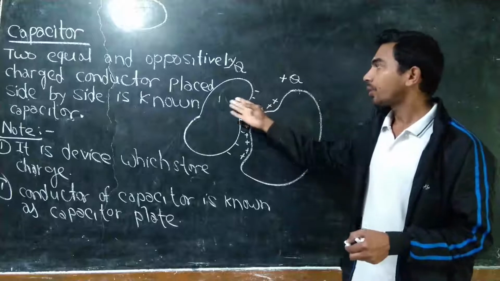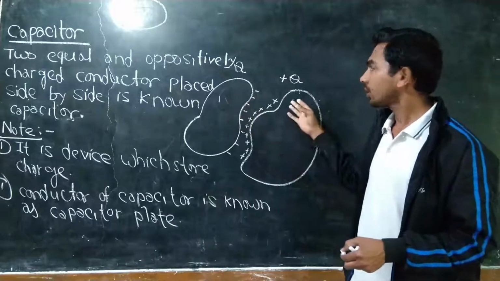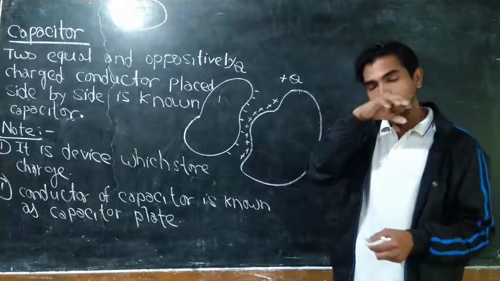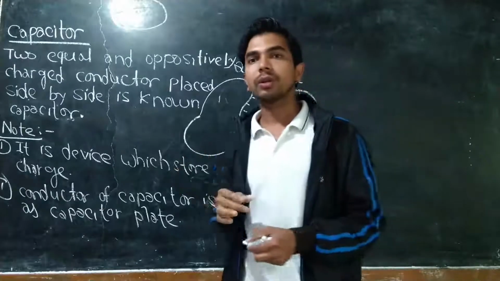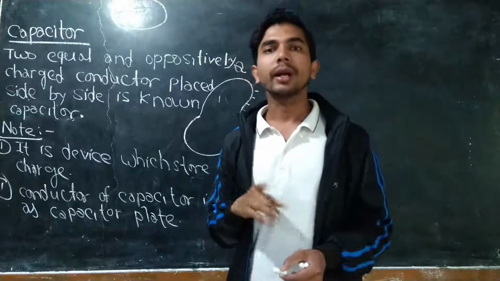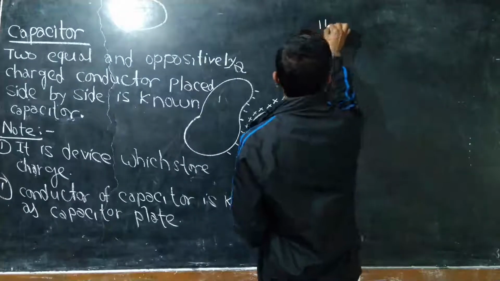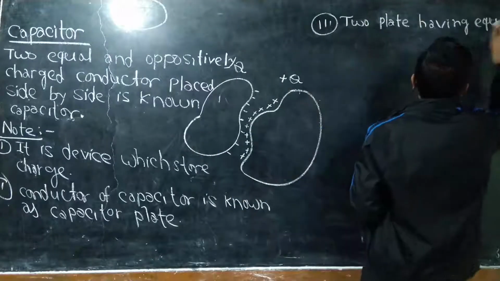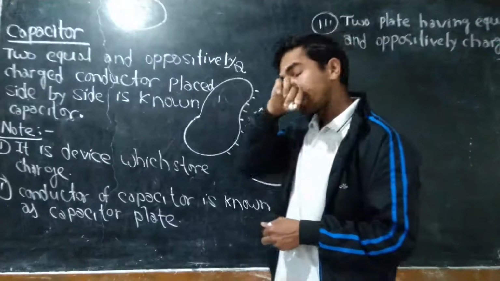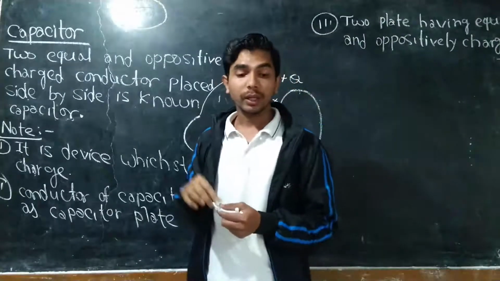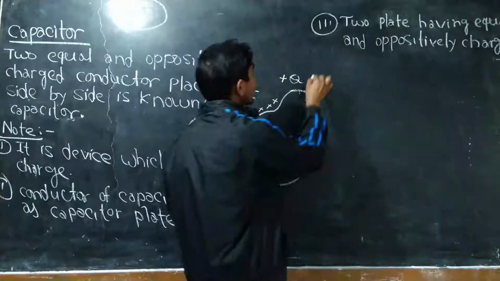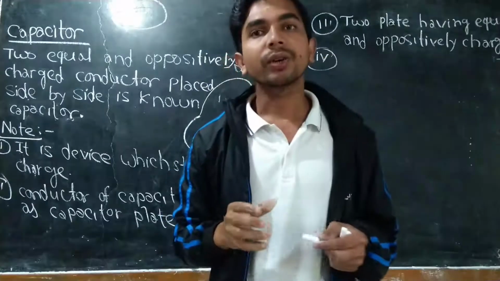One has positive charge, another has negative charge. So in the third point I write: the two plates have equal and opposite charge.